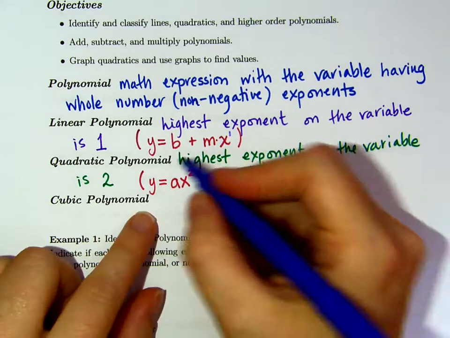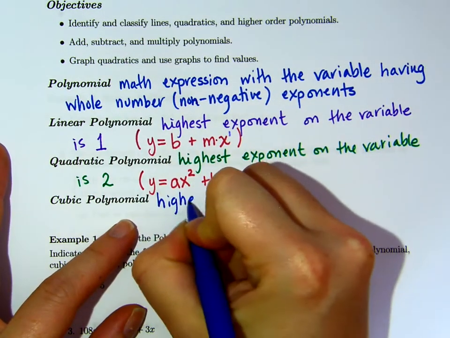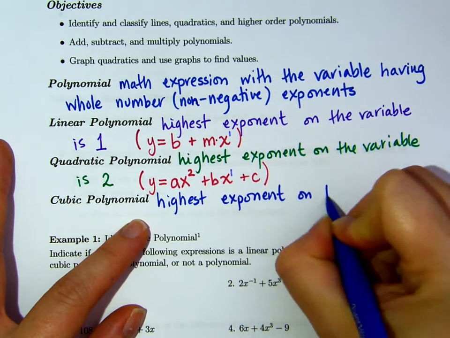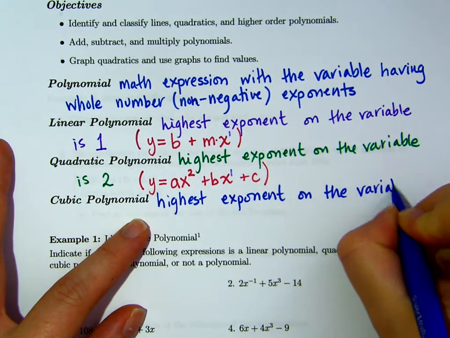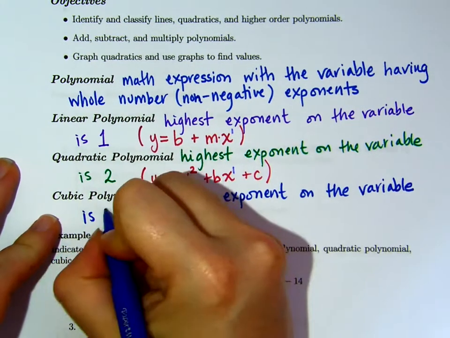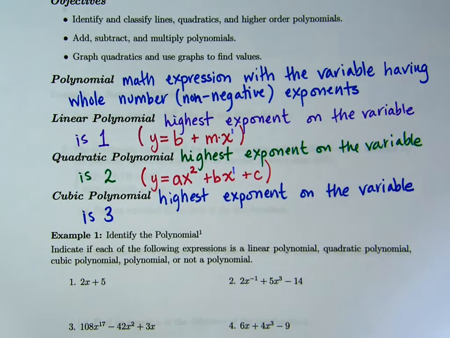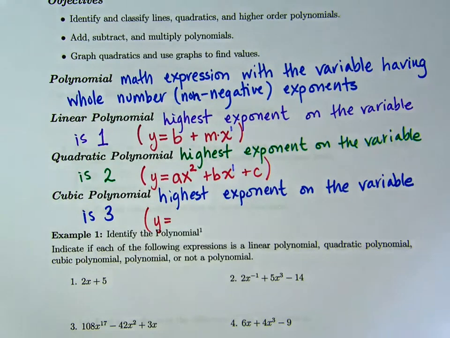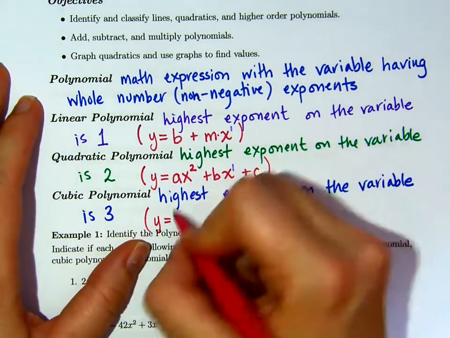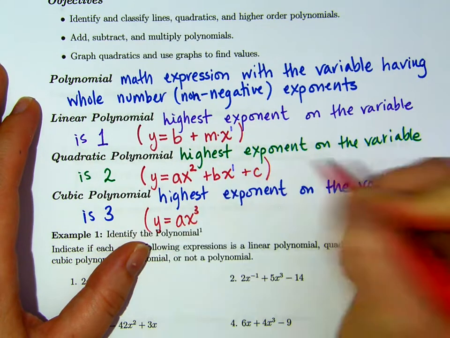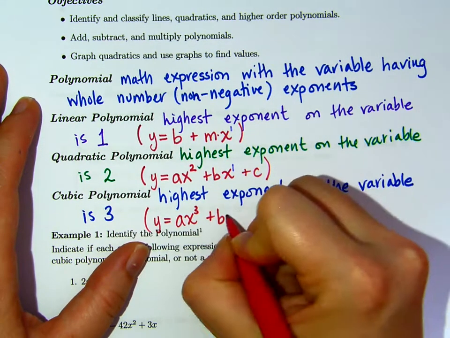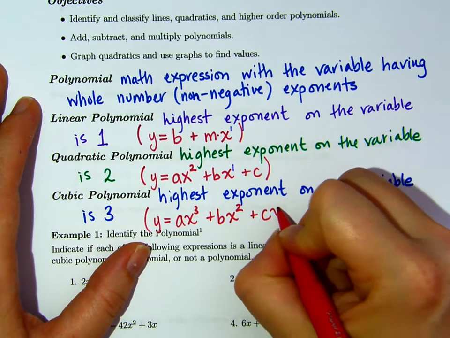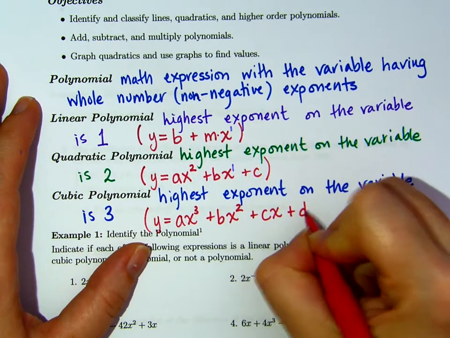So this would be the highest exponent on the variable is 3. So the general form of this would look like a number of x cubes plus b number of x squareds, plus c amount of x's and plus d.